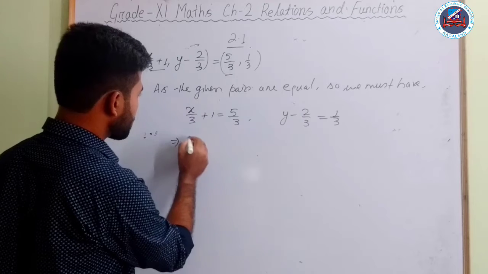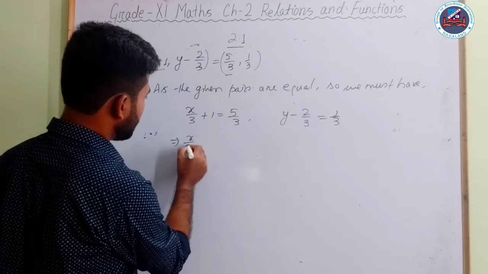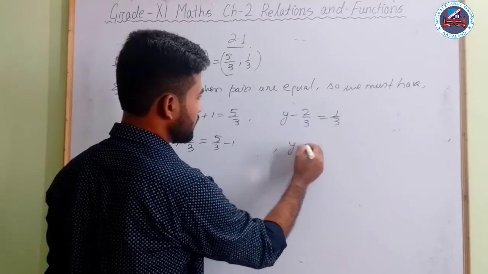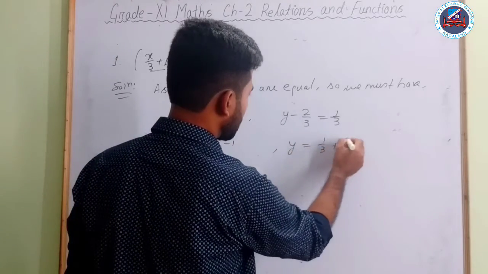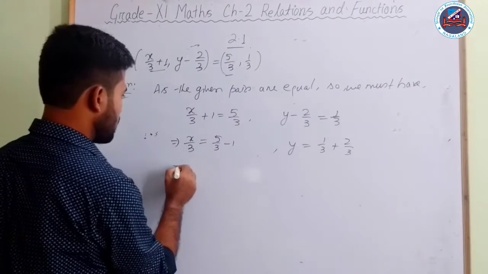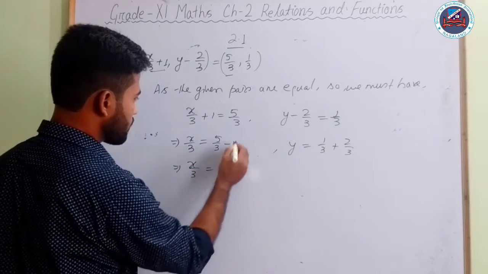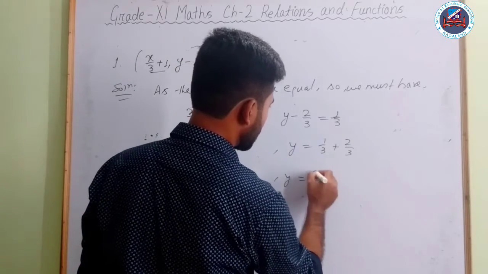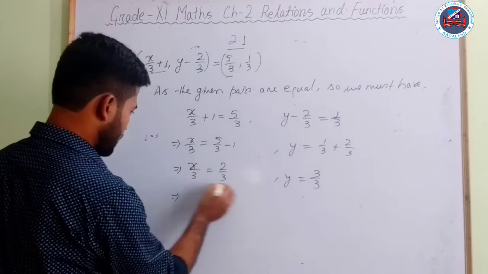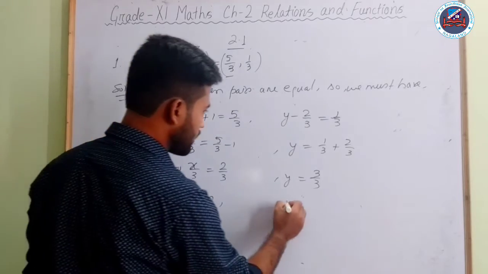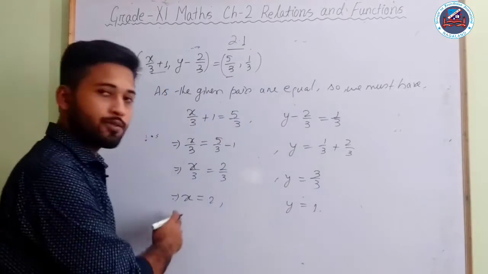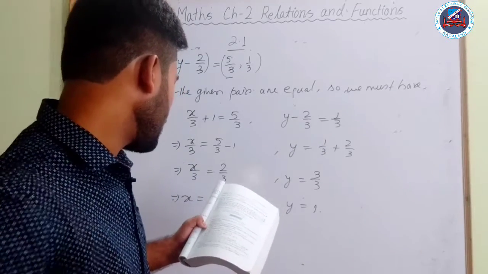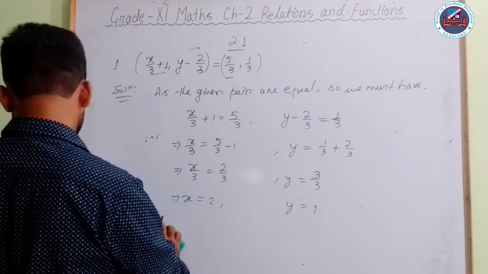Now x/3 is equal to 5/3 minus 1, and here we have y equal to 1/3 plus 2/3. So that will be x/3 equal to 2/3, and here we shall have y equal to 3/3. If I cancel both sides, it will be x equal to 2, and here we shall have y equal to 1. So thus we have found the values of x and y. It's quite easy, this is how we find it. Now let us see question number 2.